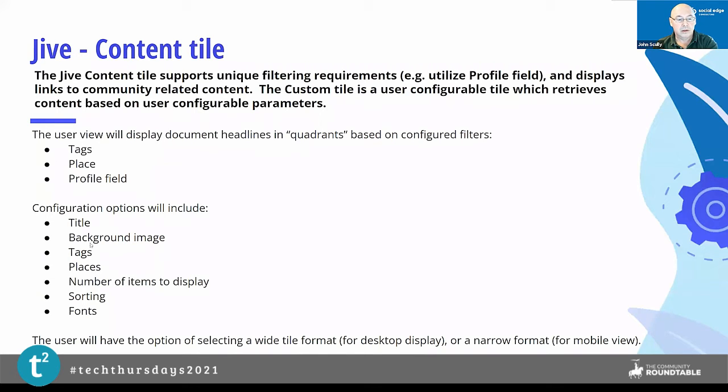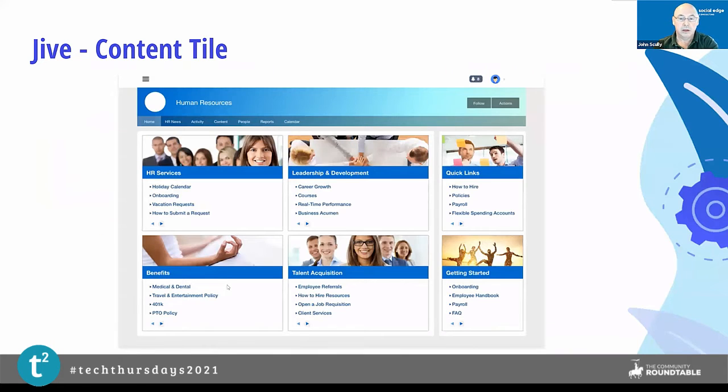And there's some typical sorting capabilities and things like that, which I'll show in a second. Let's see. Okay, so here's a great example, right? In this case, these are actually two different tiles. This is the narrow format again, which would be shown in mobile. This is the 2/3 tile.